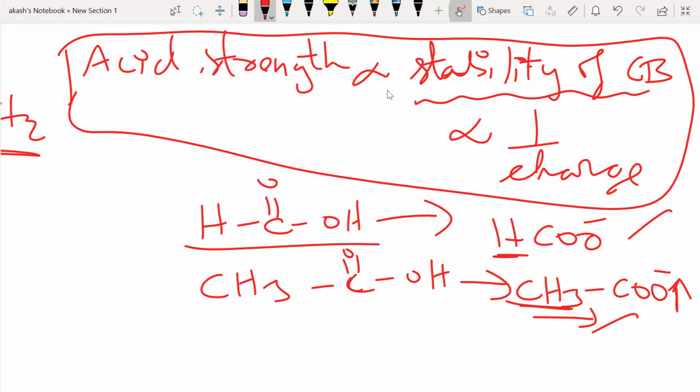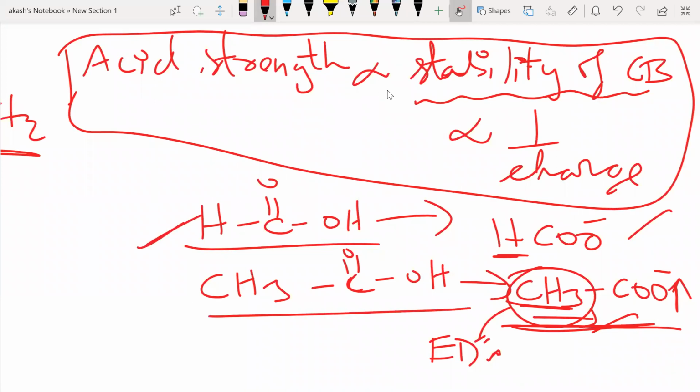I cannot say whether it's electron withdrawing or electron donating. It's nothing, it's just hydrogen. So the amount of negative charge is increased in the case of CH3COO minus because CH3 is an electron donating group. So now which is a better acid? Obviously HCOOH is a better acid when compared to CH3COOH.